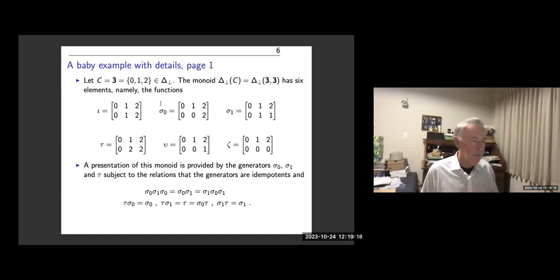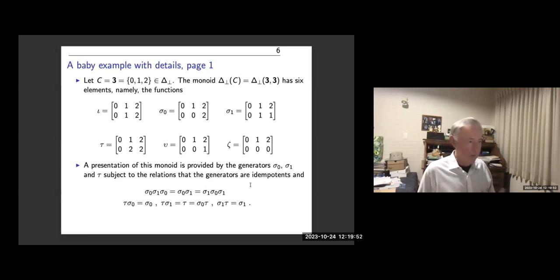And in fact, the sigma naught and tau generate the thing, and everything's a product of those two. And the relations that they satisfy are that they are all idempotents, sigma naught and tau are idempotents, and these other equations I've got here. This first one sort of is a braid type, Coxeter type thing, but it's a bit stronger than that.